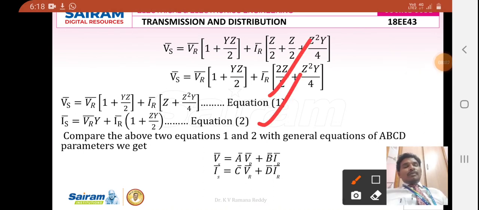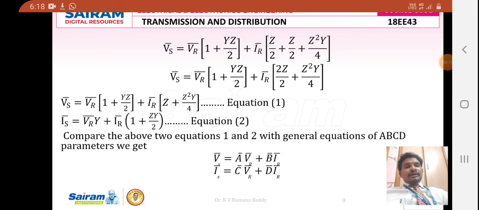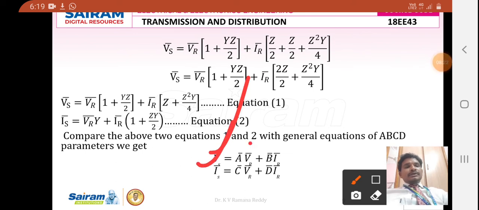Now I am going to compare equation number 1 and equation number 2 with the general equations of ABCD parameters. In the general equations of ABCD parameters, that is transmission parameters, the sending end voltage and sending end current on the left-hand side are written in the form of the receiving end voltage and receiving end current.